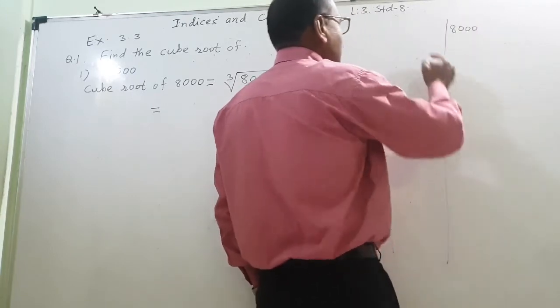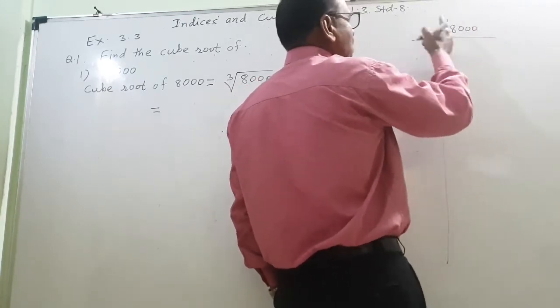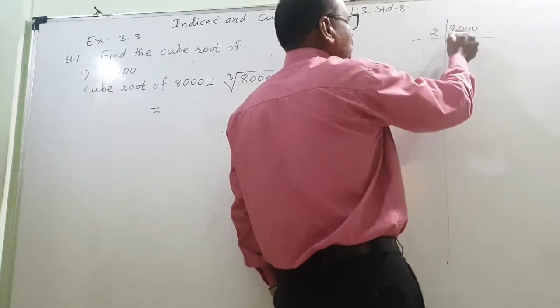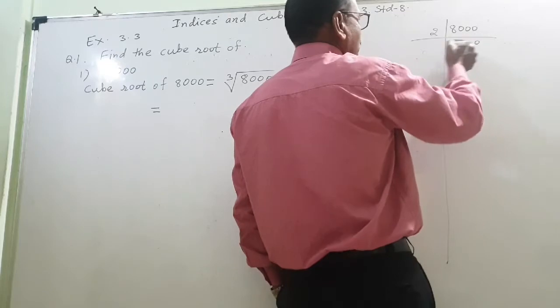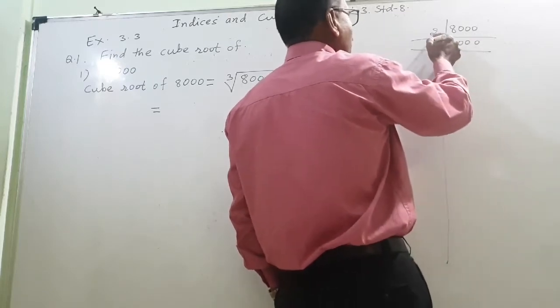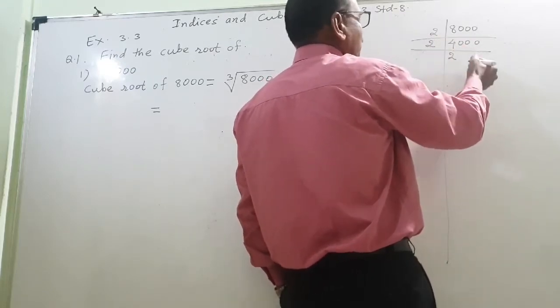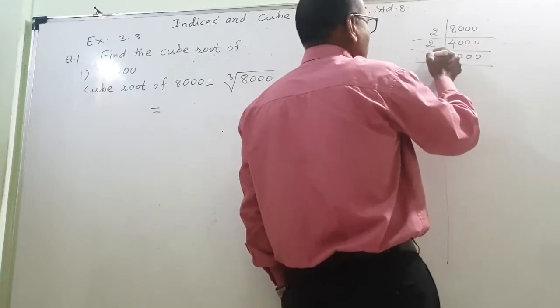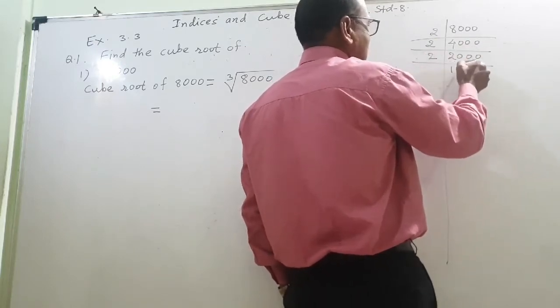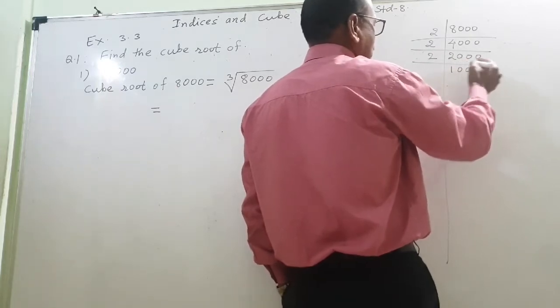and factorize it. By 2 I can divide: 2 4s are 8, 0, 0, 0. Then again by 2: 2 2s are 4, 0, 0, 0. Then by 2: 2 1s are 2, 0, 0, 0.